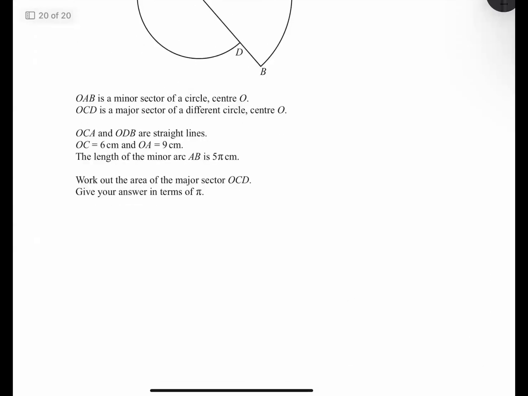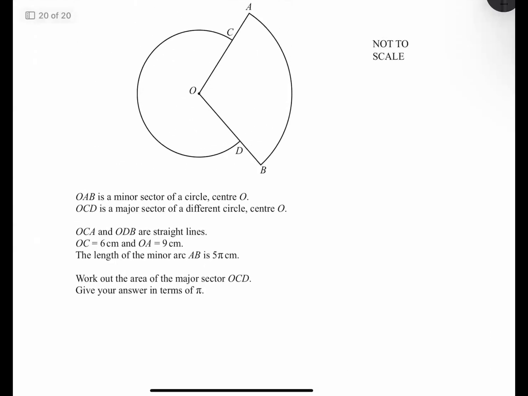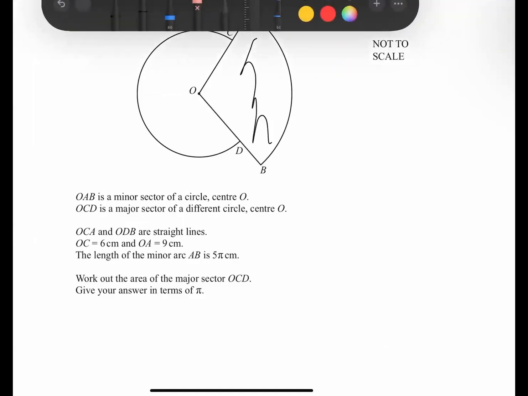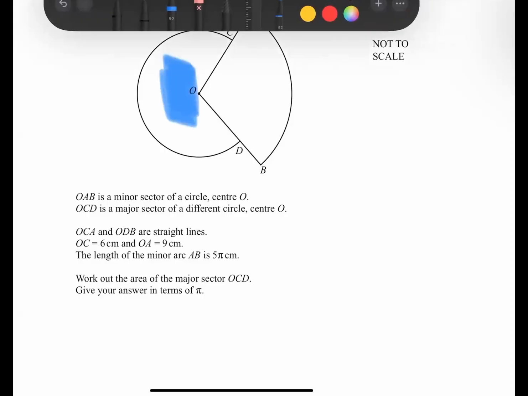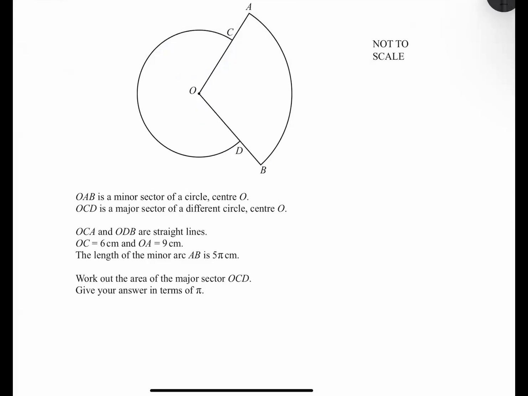So OAB is a minor sector, OAB. So this is a minor sector, right? And OCD, this is a major sector. So OC and ODB, this and this are straight lines. OC is equivalent to 6 cm, and OA is 9 cm.